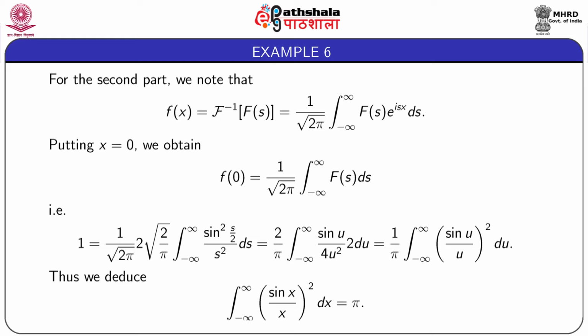Putting x equal to 0, we obtain f(0) equal to 1 by root 2 pi integral minus infinity to plus infinity capital F(s) ds.